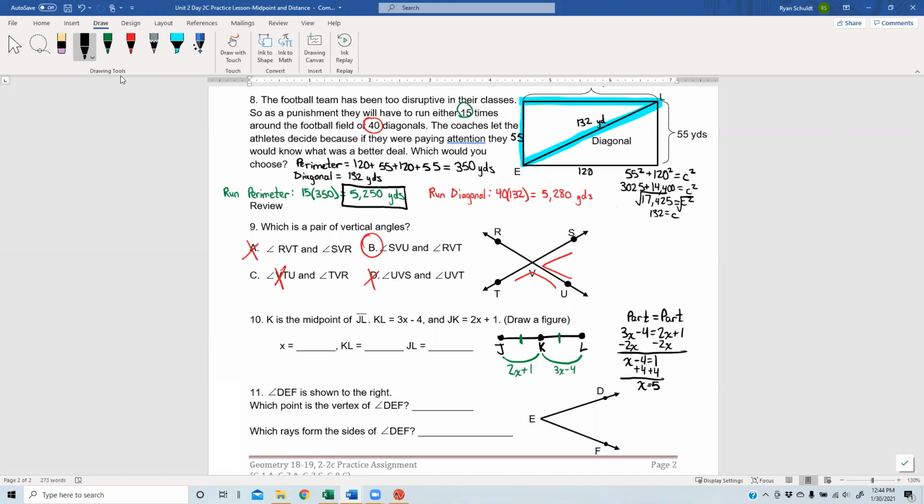There's part of our answer. But is that all they ask us? No. They ask us to find KL. Well, KL's right there, so I have to plug it in. KL equals 3 times 5 minus 4. That gives us 11. So KL is 11.